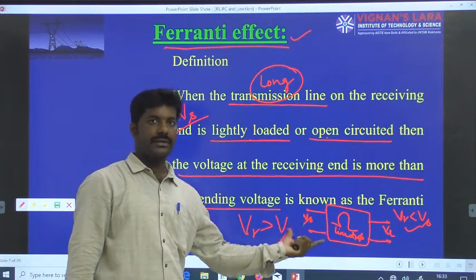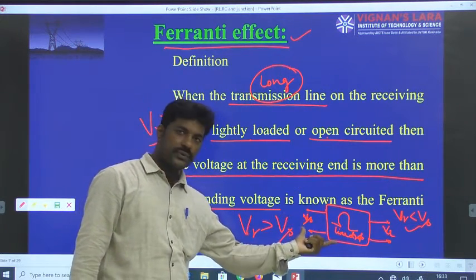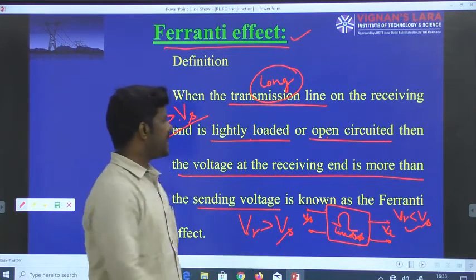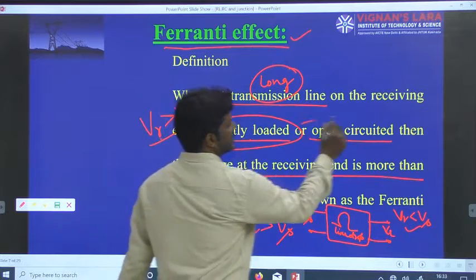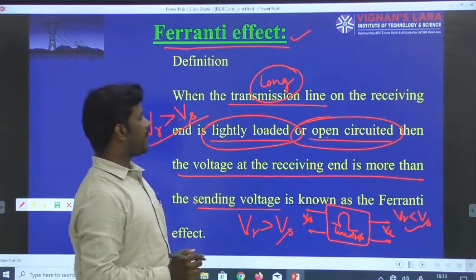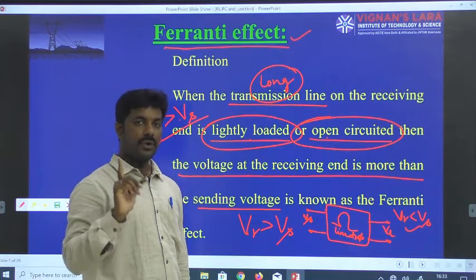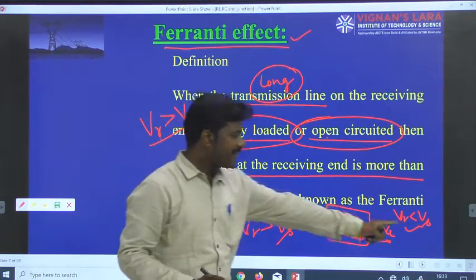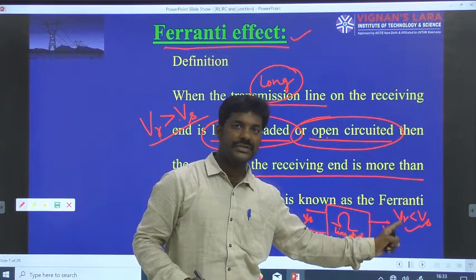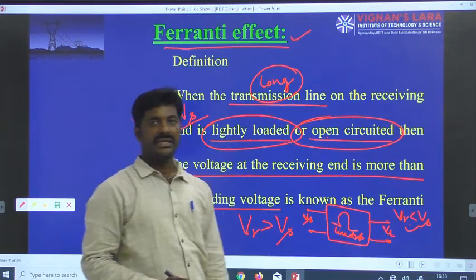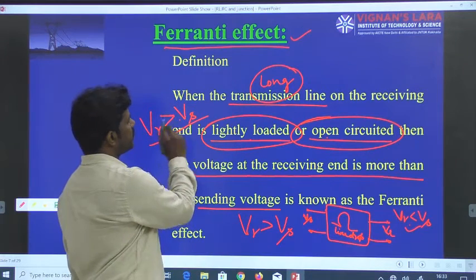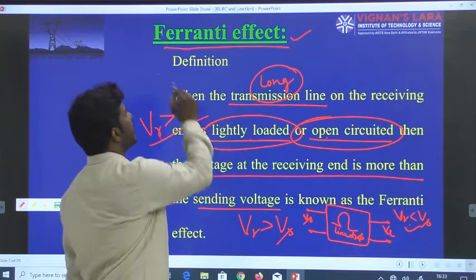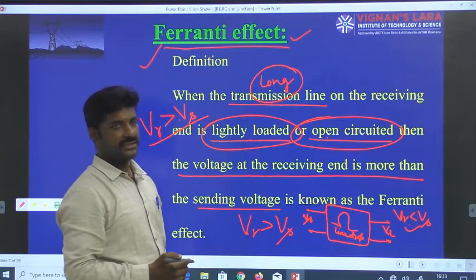But whenever it is open circuited, or operated at lightly loaded or no load condition, which is very important, then we can observe a reverse operation, that is, VR magnitude will be greater than Vs. Such an observation of VR greater than Vs, especially for long transmission lines, is called the Ferranti effect.